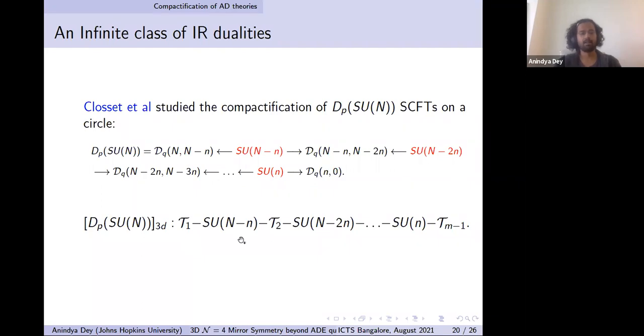This was their prescription for the 3D theory that you would get on dimensional reducing on a circle. Now, these theories T1, T2, and so on turn out to be linear chains of unitary gauge groups with bifundamental matter. So the 3D Lagrangian that they propose is very clear. It's a set of chains of UNs interspersed with these SU factors.